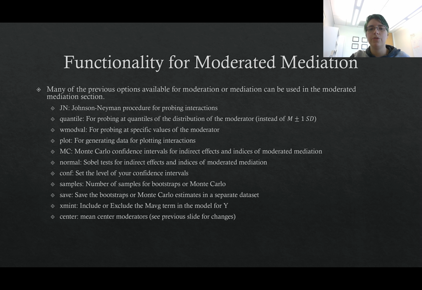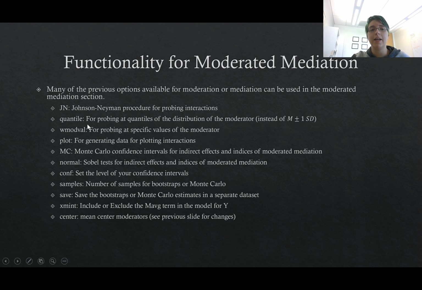This is only used for continuous moderators, and the Johnson-Neyman technique is only done for the interactions that are in the model specifically, and not the conditional indirect effects, just because for the conditional indirect effects, we make inference based on bootstrapping, and so the Johnson-Neyman technique doesn't really work in that case.